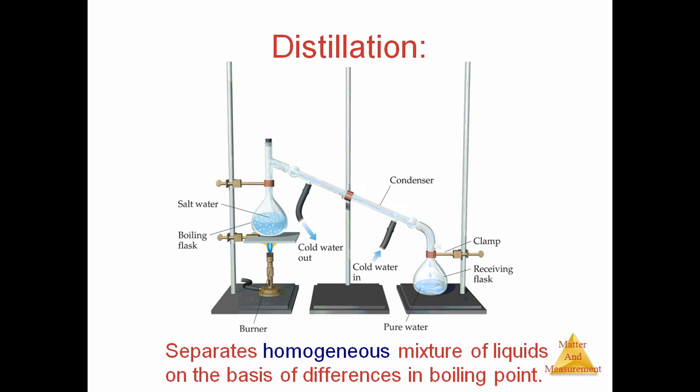Now, as far as the figure itself, on one end you have your actual solution that is heated using some type of heating apparatus, and it has a closed system. And as the vapor evaporates, it goes into a cooling system that is provided through cooling water, and during this cooling process, it causes that vapor to condense and form liquid droplets that can later be collected into a receiving flask.